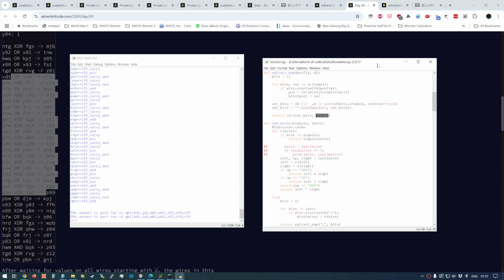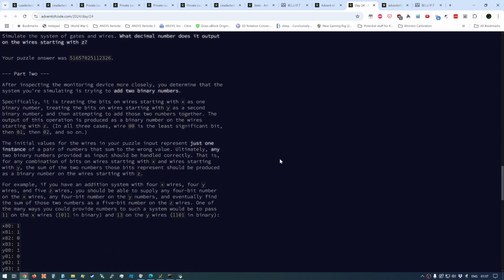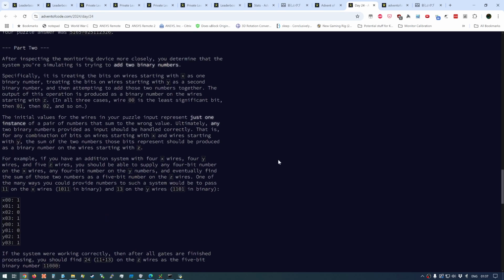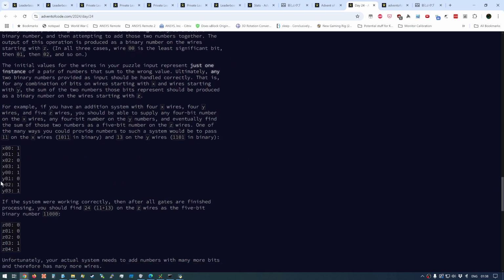Part two would have been nice to have been faster on, because as I said during the solve, we did binary adders back in computer architecture in college, so the concept of a binary adder is not new to me.